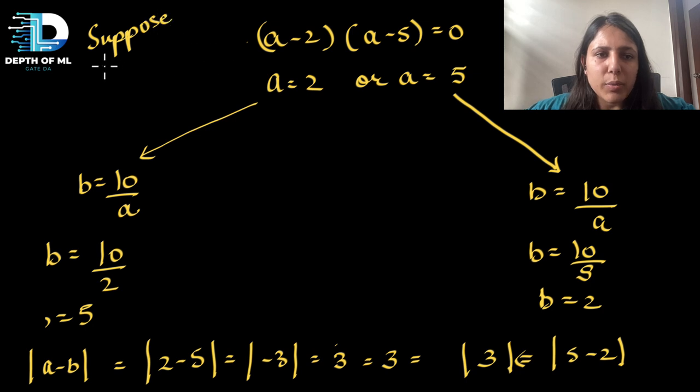Suppose that there were two different values of A, suppose it was 2 or 7, right? In that case, you would not have reached the value 3 for both cases, and we cannot reach a unique value for mod B minus A or mod A minus B. So we will say it cannot be determined.